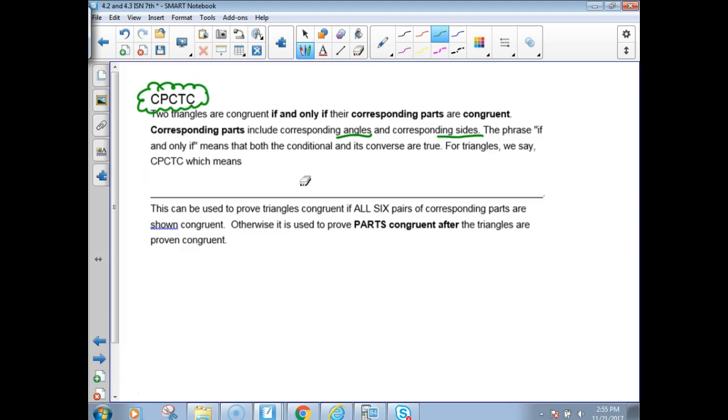For CPCTC, this means that corresponding, that's the first C, parts, corresponding parts of, what are we talking about today? What kind of things? C and then a T. Any guesses? Congruent triangles. Yep.